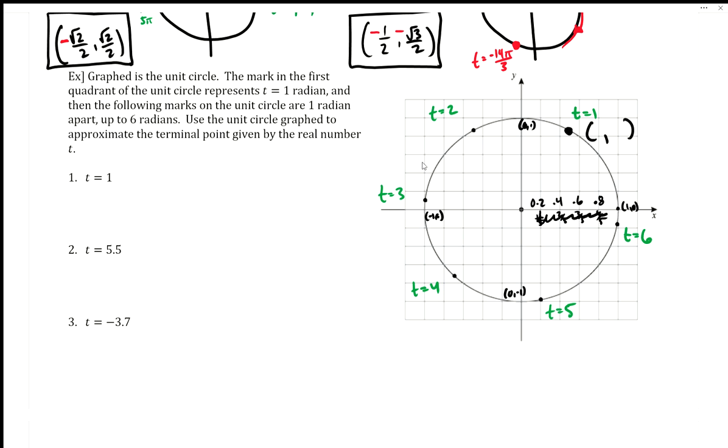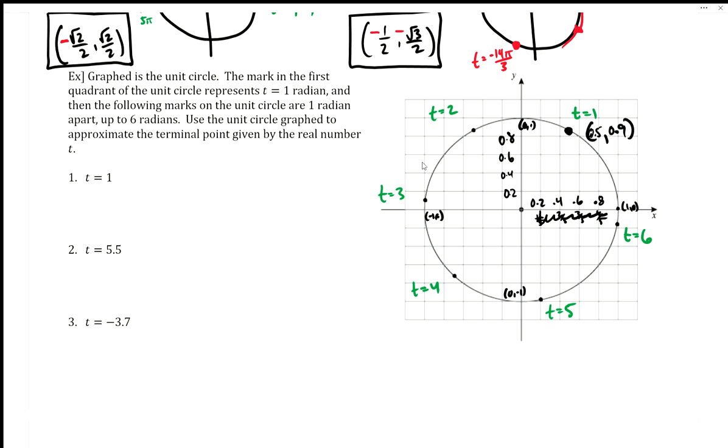That looks like it's right in between 0.4 and 0.6, so that means it's 0.5. And then for the y, there's the 0.2, 0.4, 0.6, 0.8. It's above 0.8, and it looks like it's maybe a 0.9. So we'll just estimate it.